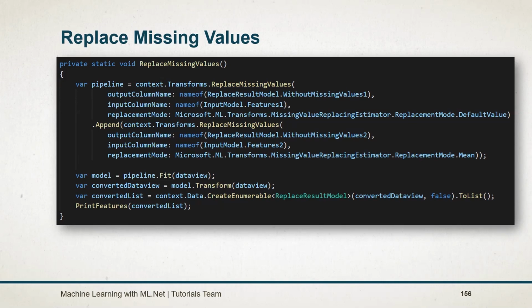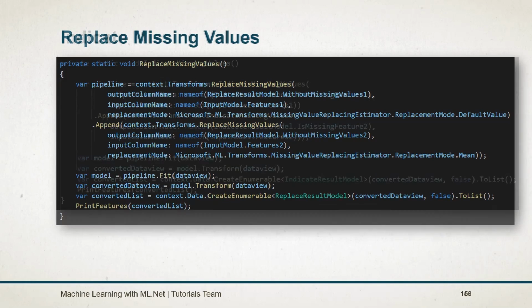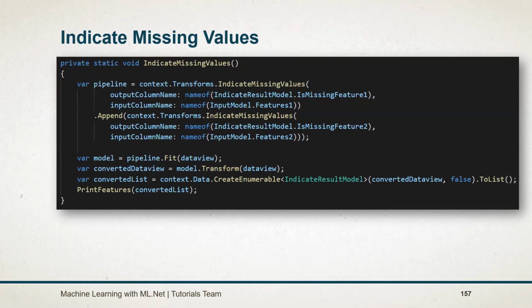Note that here NaN is used as the missing value because the default value for the float is 0. So when you replace it with the default value, it will be 0 itself. Using indicate missing value, we can identify the location where the missing value exists. For both methods, an overloaded version exists. Using that, we can perform the operation on multiple columns. See you in the next session.